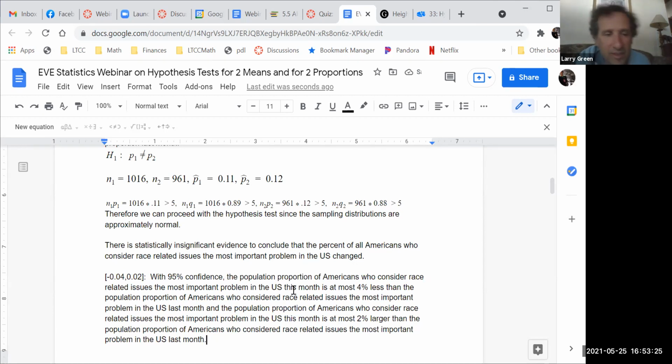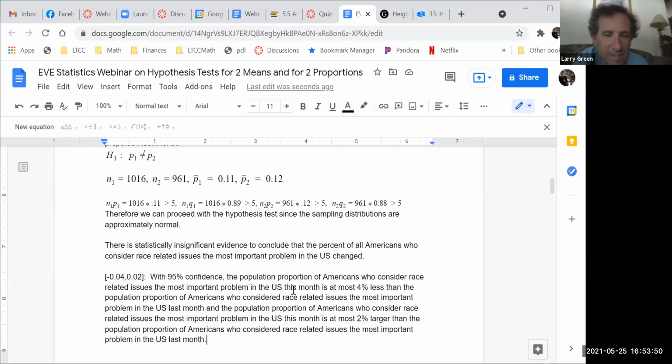Any questions on the confidence interval interpretation? When you have a negative and a positive, it's a little harder to say because you've got to say it in two pieces. It's really hard to say it in one. You don't say between negative 4% and positive 2% more, because no one says negative 4% more.